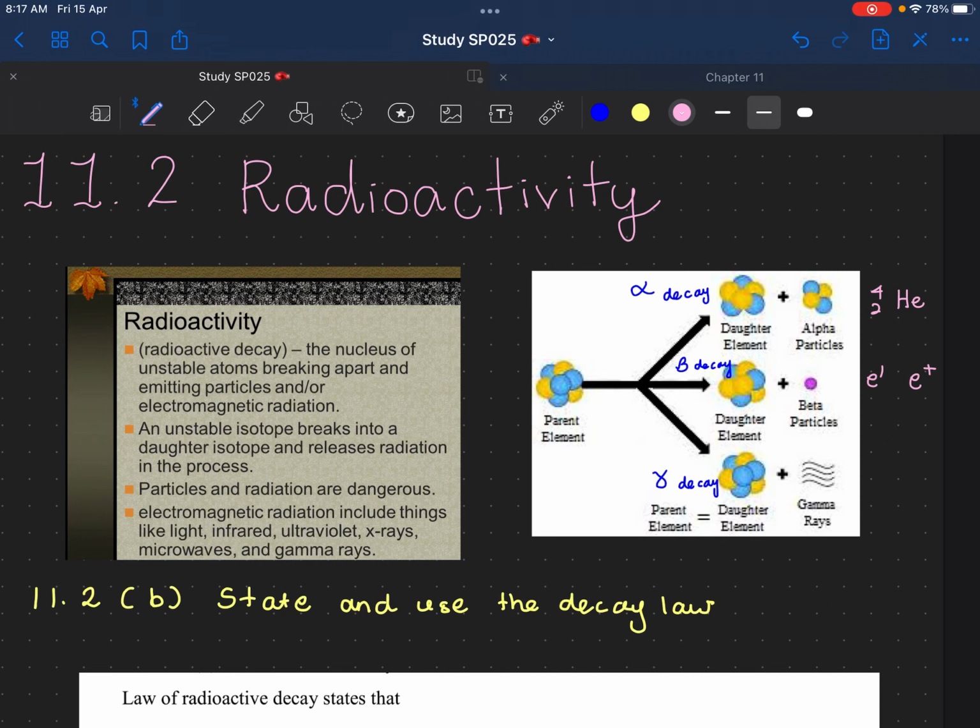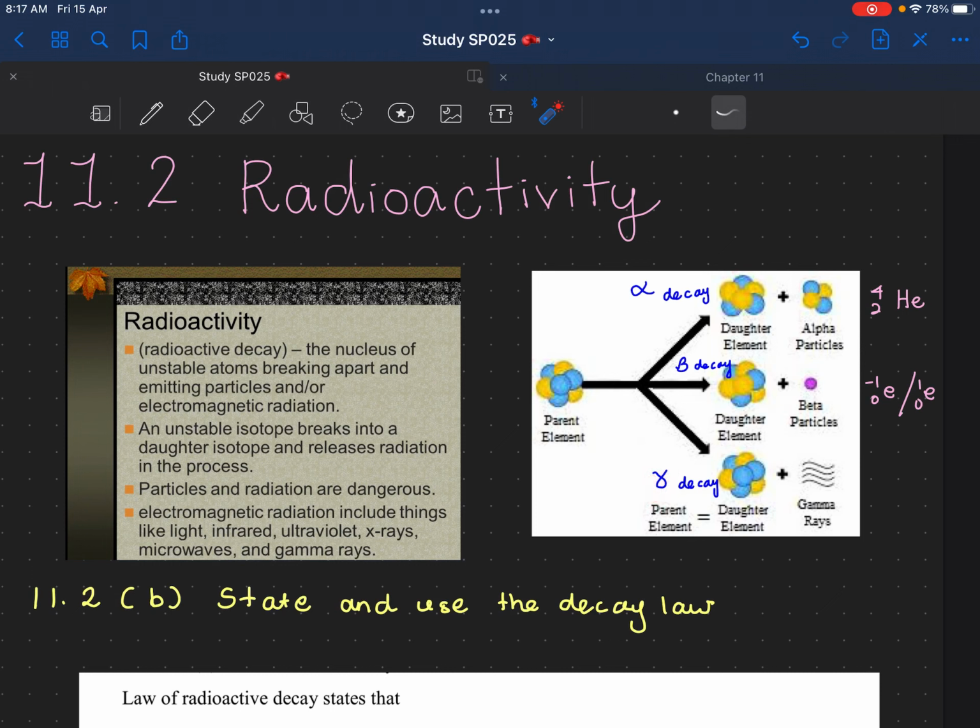So when we draw electron, negative charge, it will be e0 negative 1 lah, or positron e0 positive 1. So bila dia dah buang electron or positron, they become a more stable version of themselves. And then last one is gamma decay.